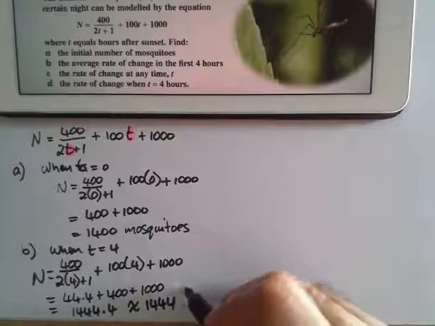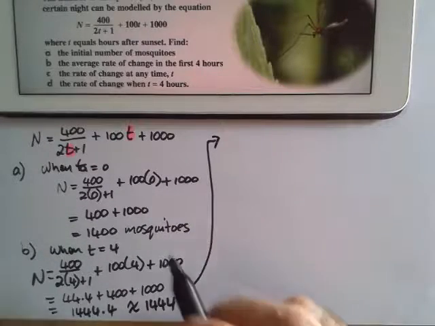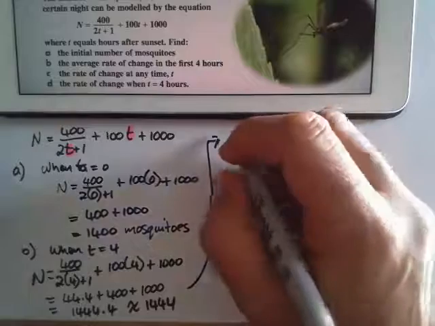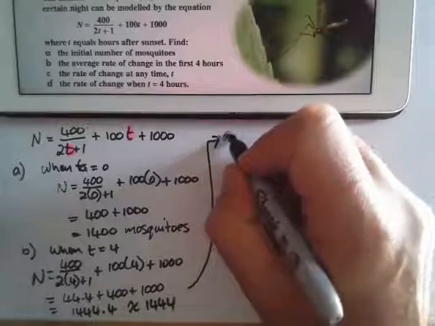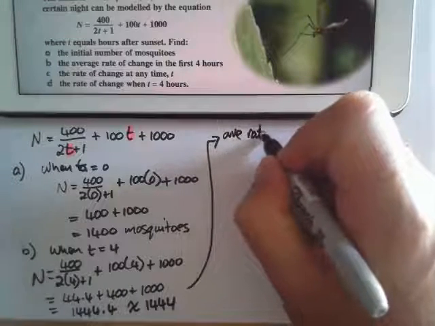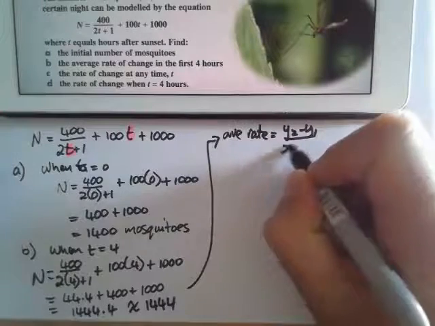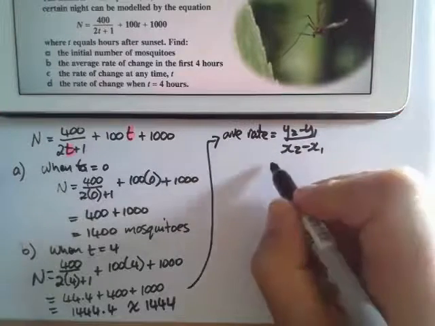So now, I'm just going to carry on here with B. If I want to calculate what is the average rate of change, remember the average rate equals y2 minus y1 divided by x2 minus x1.